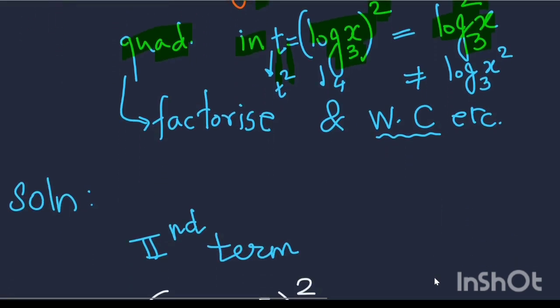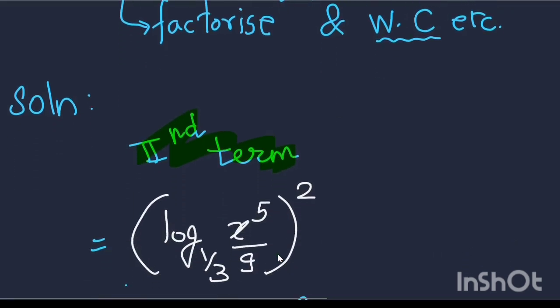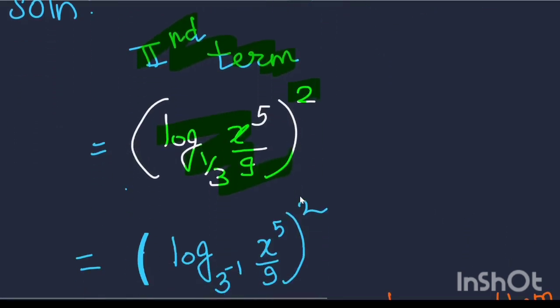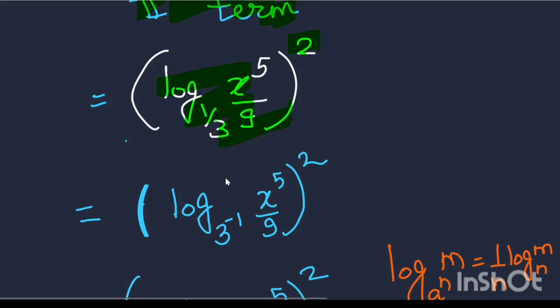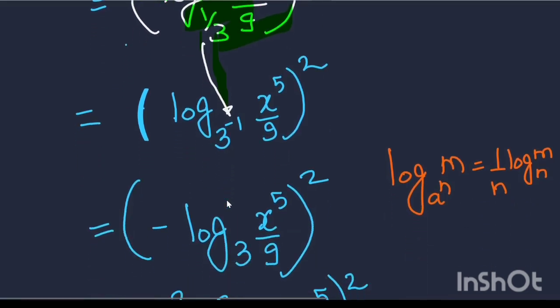As I said, the second term needs some simplification. So what is the second term, guys? It is this. First, we will write 1 by 3 as 3 to the power minus 1, and this minus 1 will come down using the rule log m base a to the power n, where n goes down in multiplication as 1 by n log m base a.